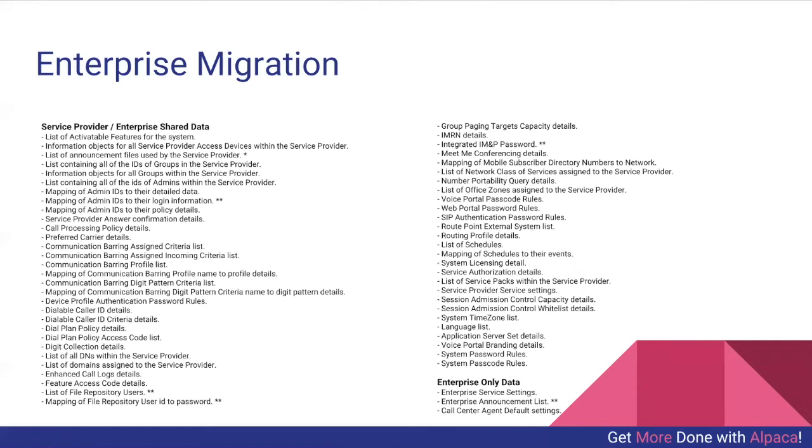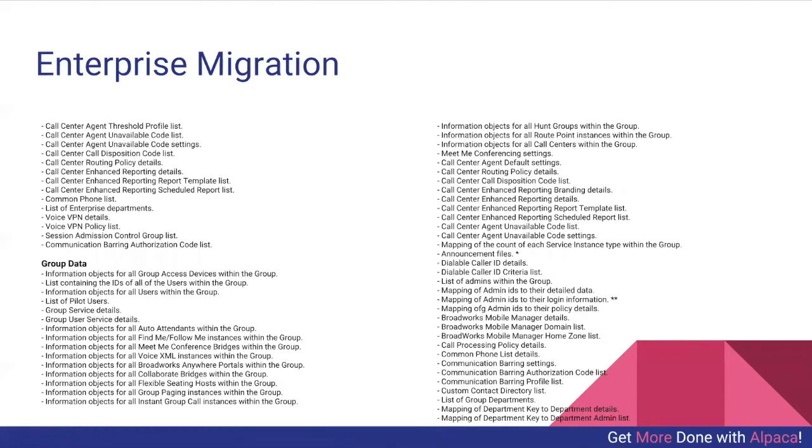We don't do 70% or 50%. We don't make you reset passwords or passcodes. We are able to migrate pretty much everything, and I'll scroll through here slowly so that you can see the types of things. And I believe this is an exhaustive list.